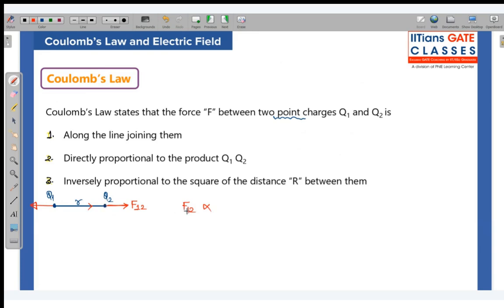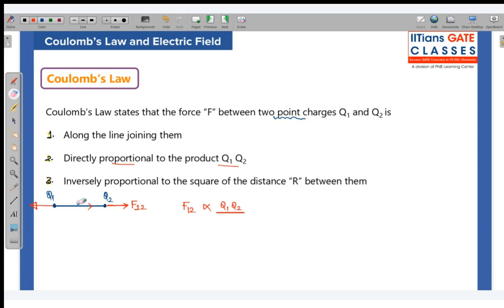Because the line is joined from 1 to 2, I have written F12. It is directly proportional to the product of charges, that is Q1 and Q2, and inversely proportional to the square of distance. Okay, so here we have written the capital R.